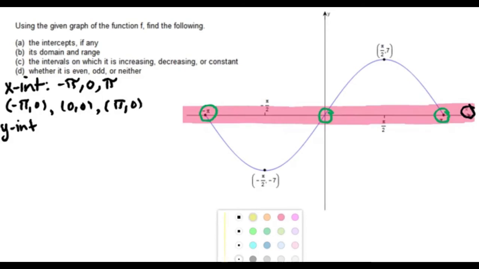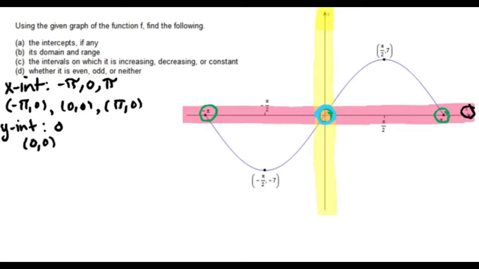The y-axis is this vertical axis, which I'm highlighting. And you can see that the graph crosses the y-axis at this location, and that is at 0. So 0 in this example is both an x-intercept and a y-intercept. In ordered pair form, that would be (0, 0). So those are the intercepts of this graph.